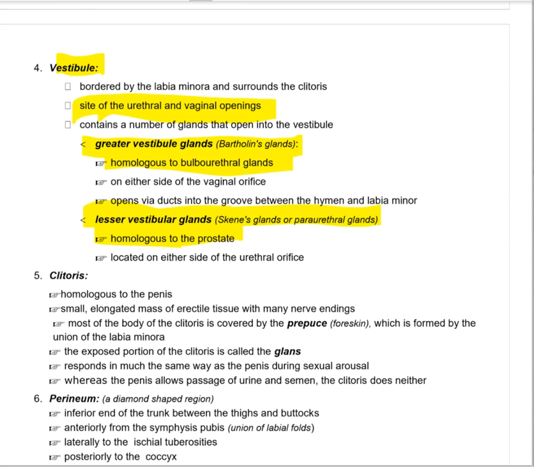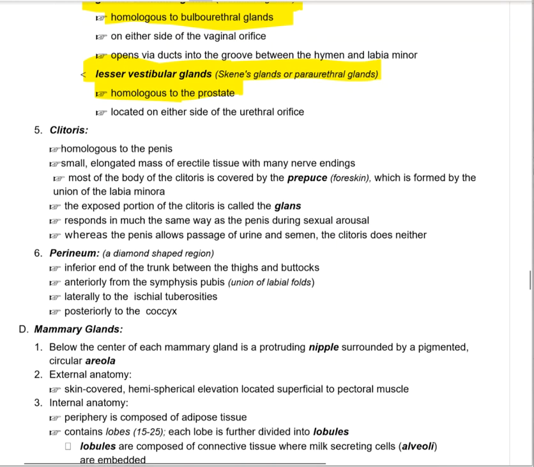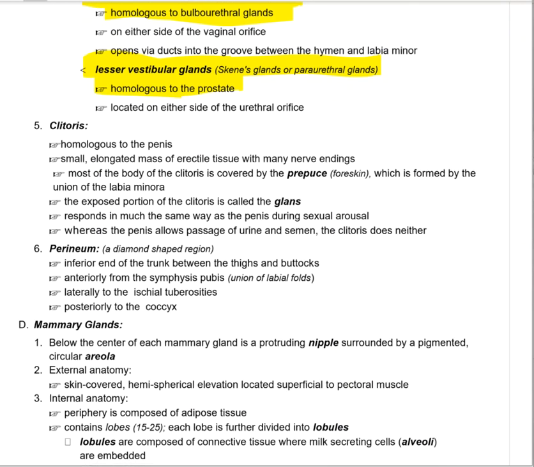Now the clitoris, as I said, is homologous to the penis, and it is an elongated mass of erectile tissue with many nerve endings. The prepuce or foreskin covers most of the body of it. The exposed portion is called the glans. It responds very similarly to the penis during sexual arousal.